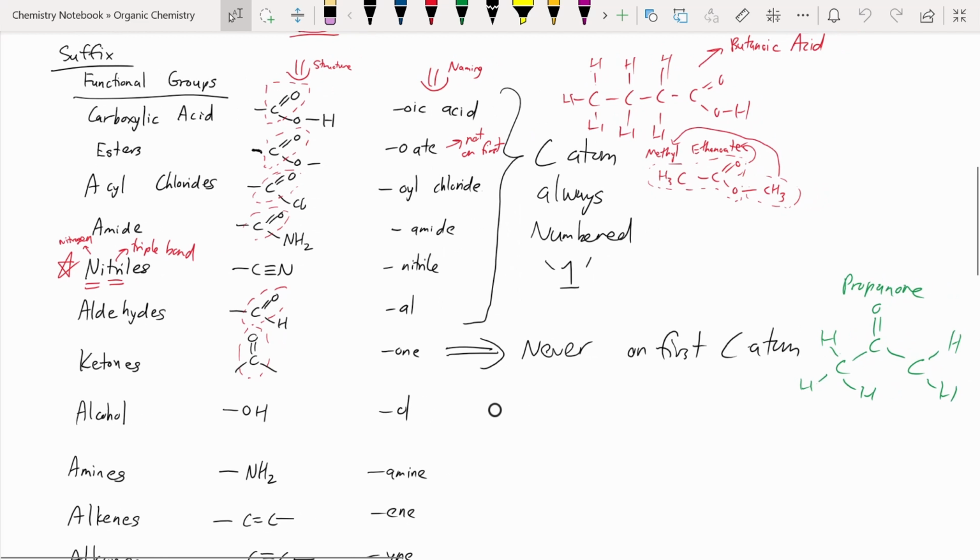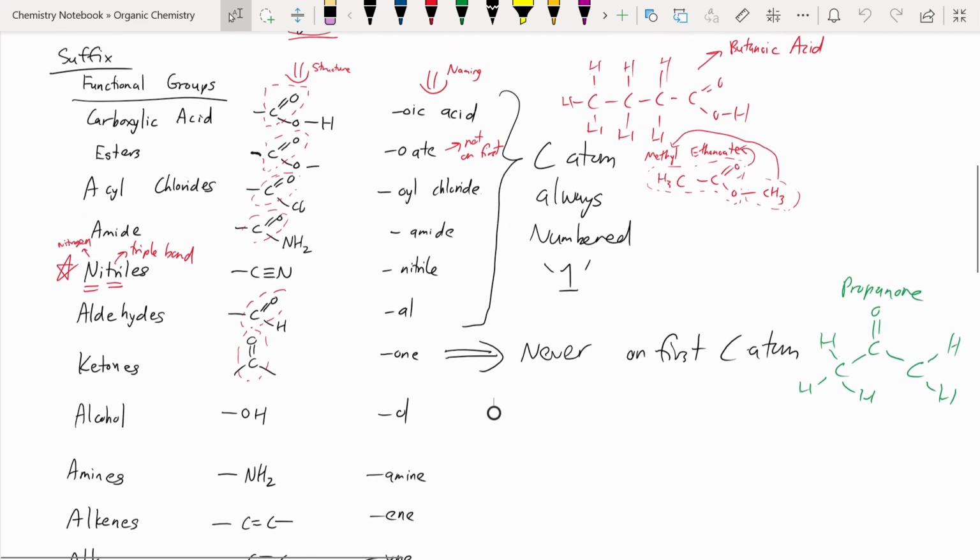Those are the important things you need to know. And if you have a bit of a hard time trying to remember, one thing to help is that for the first few rows, except for nitrile, these 6 functional groups will always have this C double bond O.